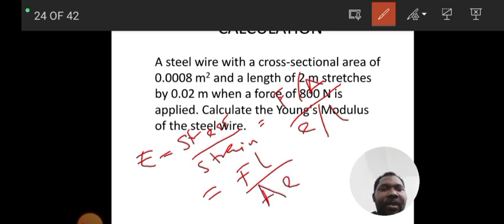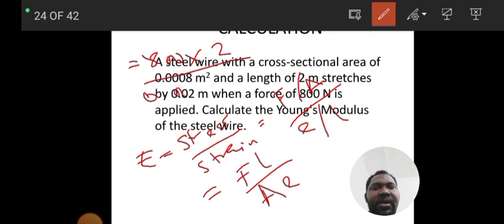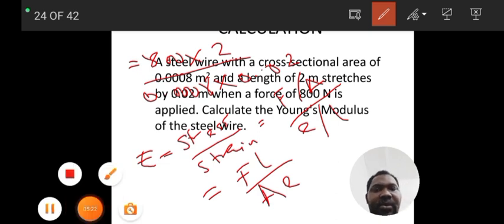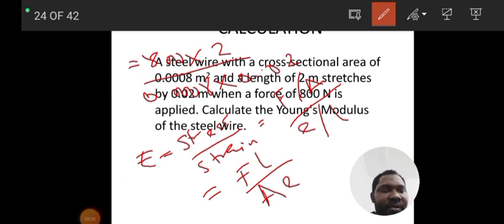So if we substitute the values, the force is 800 newtons, so we have 800 multiplied by the length, which is 2 meters, divided by the area, which is 0.0008, then multiplied by the extension, it stretches by 0.02.